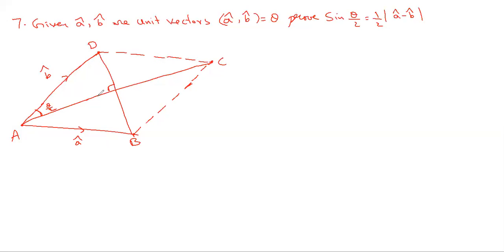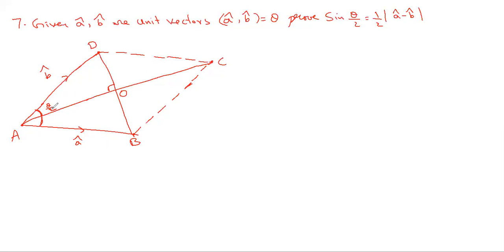So the corresponding angles are the same. This is theta by 2 and this is also theta by 2. Now you want sine theta by 2 in this right angle triangle. If we call this point O, you need OD by AD. AD is 1 because it's a unit vector.